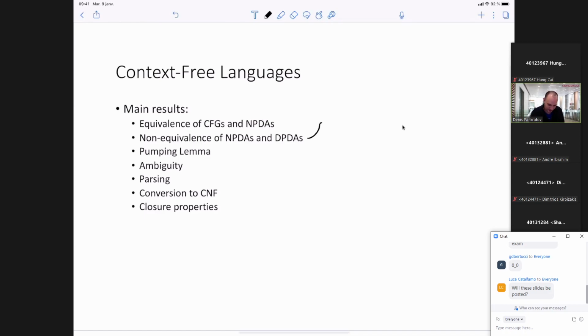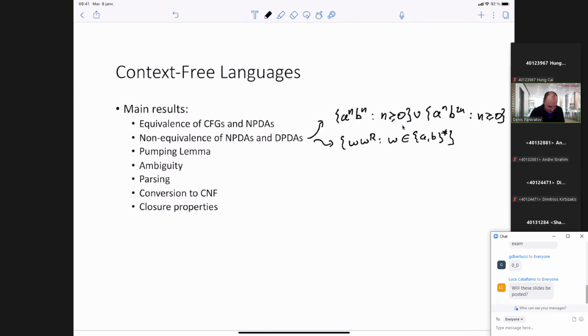So you should remember typical examples, which would be, for instance, a^n b^n, n greater or equal to 0, union a^n b^2n, n greater or equal to 0. And another example would be w w reverse, where w is in {a,b}*.